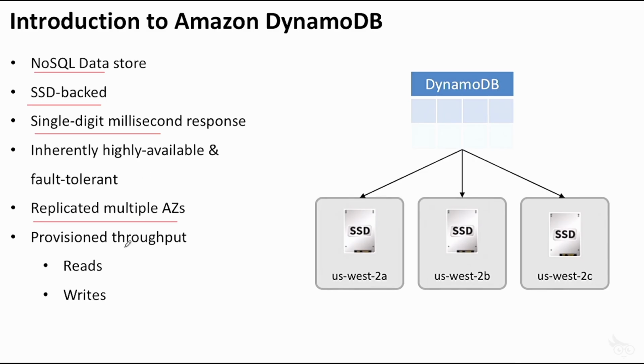One of the interesting things about this particular model is that when we create a DynamoDB table, we provision, and at any time we can change this, what kind of read throughput and what kind of write throughput we need for that particular DynamoDB table. I'm using the term table, that's what we call it, but it's perhaps similar to a relational database table, but the difference is that there are no relationships between tables.